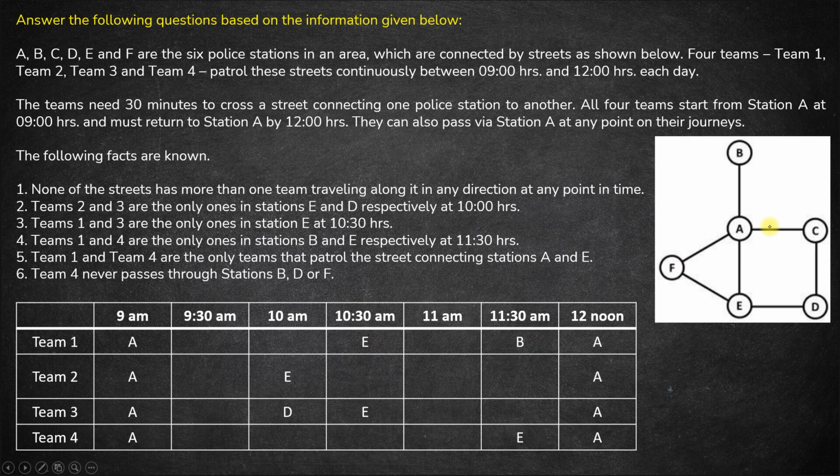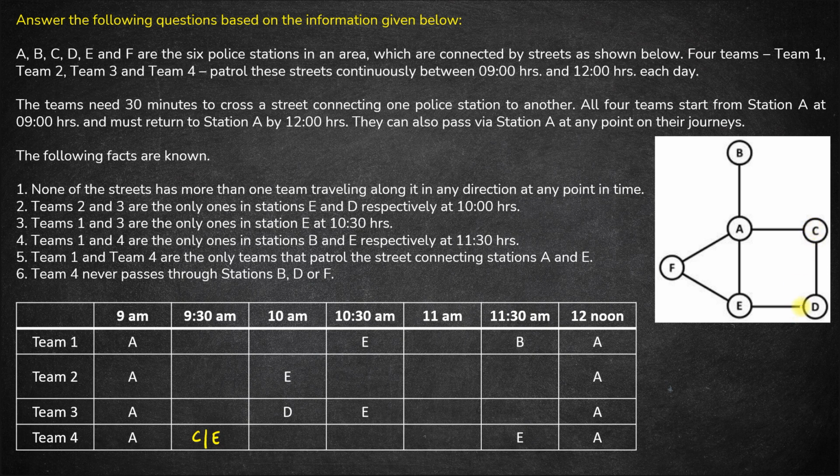Fine. So we'll keep all these points in mind and let's start figuring out who is where. Now for team 4, we know it can go to only C or E. So from A, they will either go to C or they will go to E. Now, if let's say they go to C, once they reach C at 9:30, where will this team go?